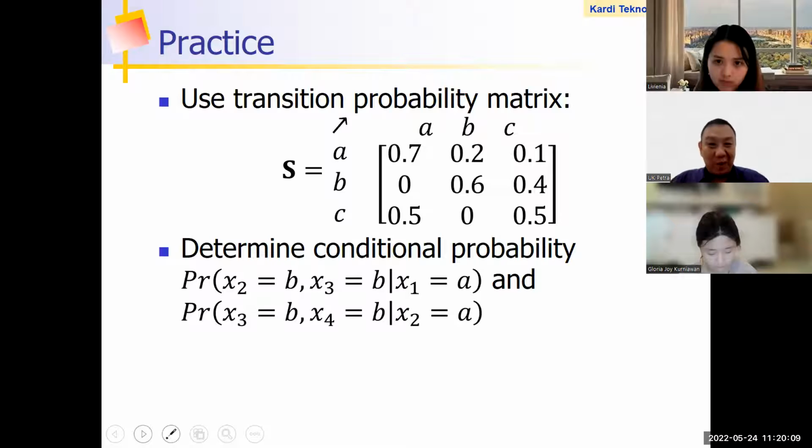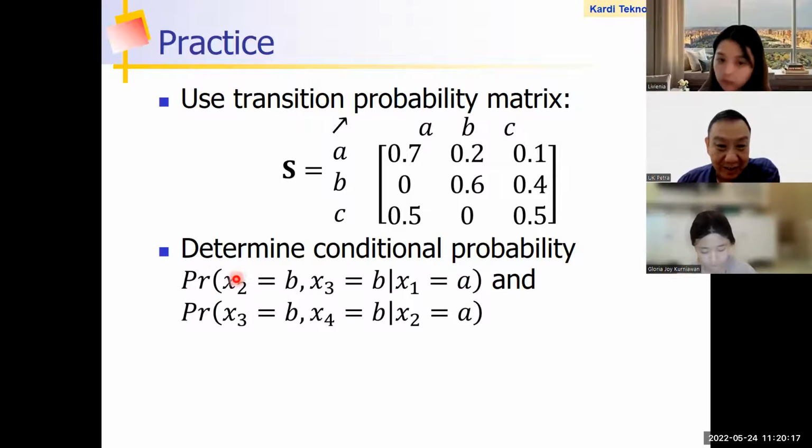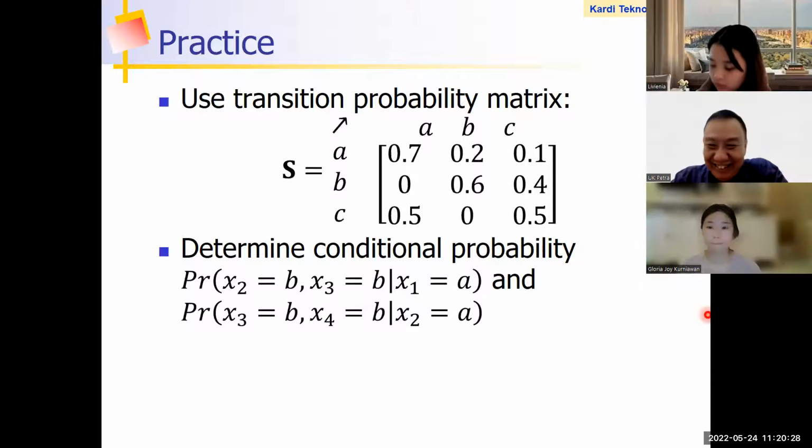Can you calculate the condition? The first one, Leafy, the second one, Joy. And then you share your screen.